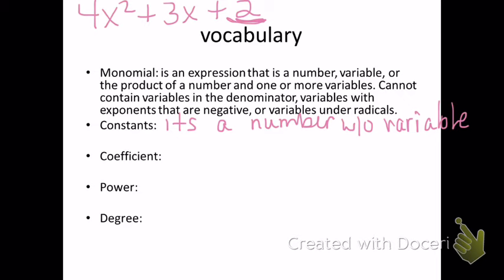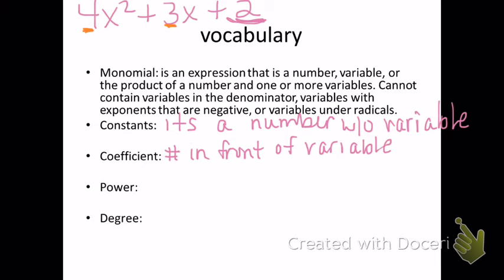A coefficient is the number in front of a variable. So for example, in our example up here, the coefficient would be a 4. The coefficient of x is 3.